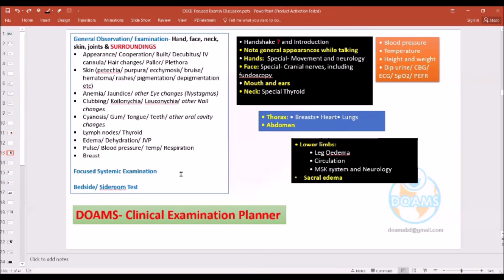Now pulse, blood pressure, temperature, respiration. Which is more important? All are important. How is respiration important in this patient with Graves' disease? That means the breathing. Can it be that the thyroid gland is compressing the airway?